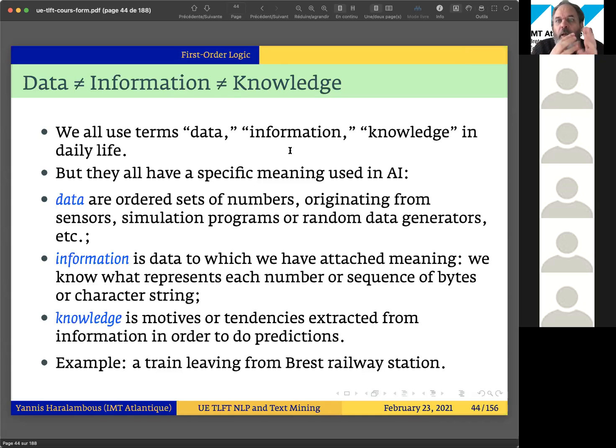All of these are pieces of information. So this is called information extraction. I took the data, image, and I extracted textual information. I got information. Now, this is not yet knowledge.